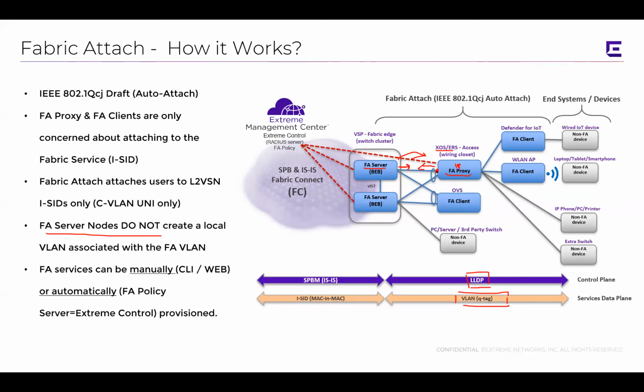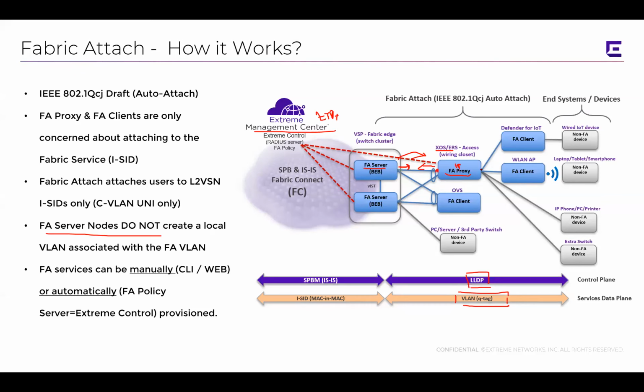If you'd like to go further with provisioning, you can leverage Extreme Management Center to do zero touch provisioning, plus add some more capabilities like SpanGuard, IGMP snooping, and that kind of preliminary configuration. So that's how initially a Fabric Attach proxy is onboarded.